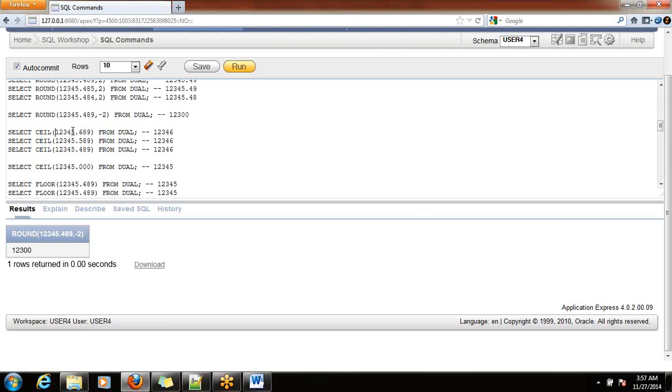That is 12345.689 I give, and you can see it is giving 12346, because it is greater than 0.5. Second also the same, 12346. And here, third, I deliberately gave less than 5. Here you can see 1, 2, 3, 4, 5, 6.